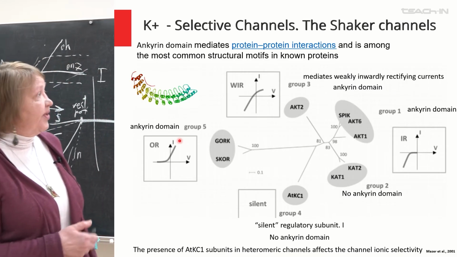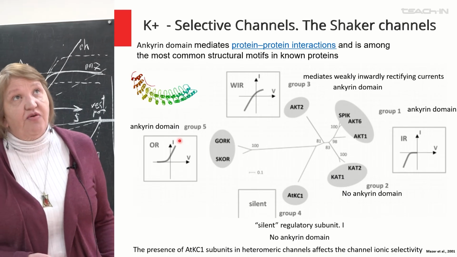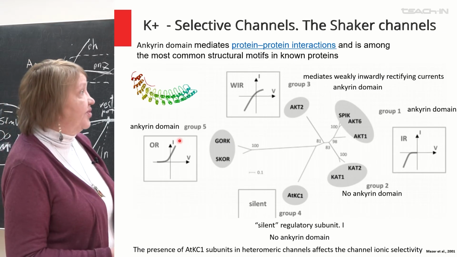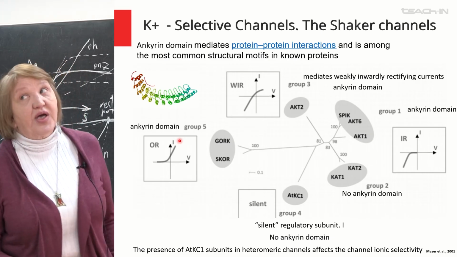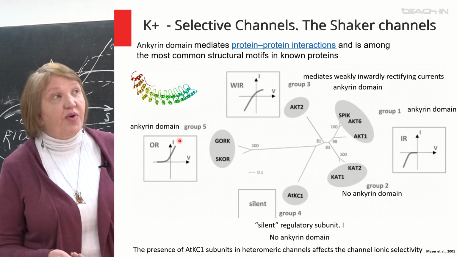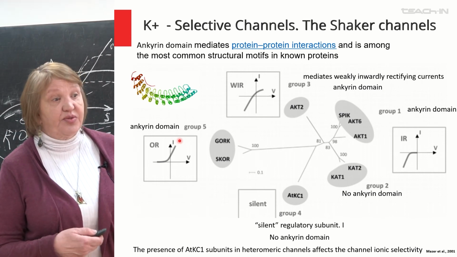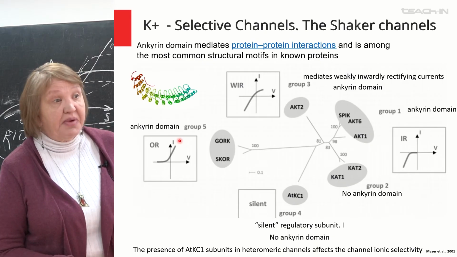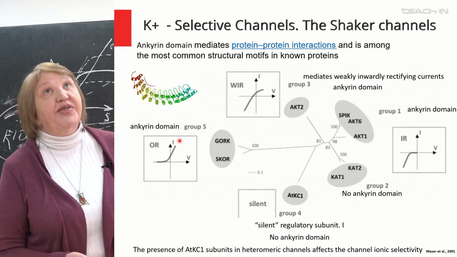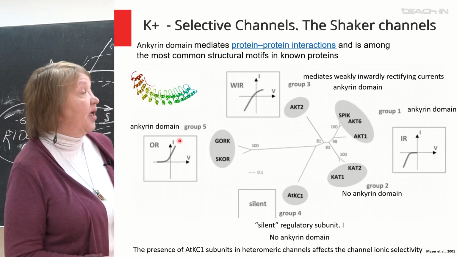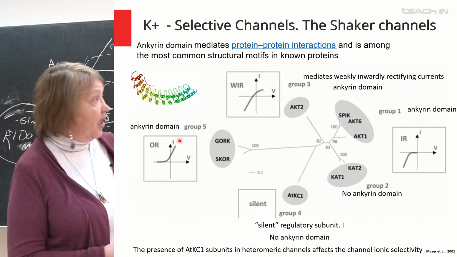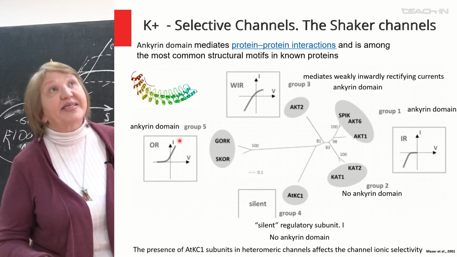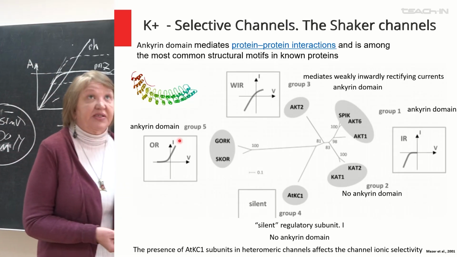And it's very important to understand the structure of the channels and separate them into different groups, because when we look at other plants that we probably don't know much about, we can immediately deduce how many different shaker channels they have, how many belong to different groups, and we can guess their function in the plant.